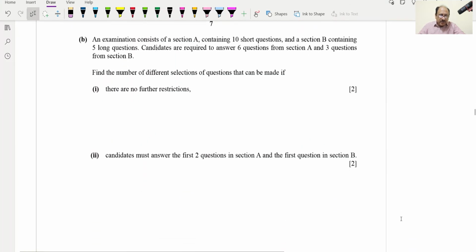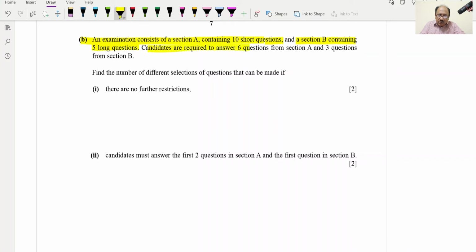An examination consists of a section A containing 10 short questions and a section B containing 5 long questions.